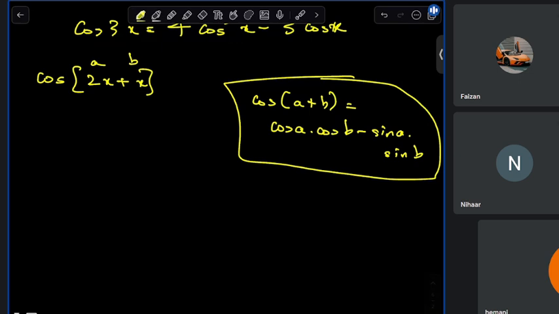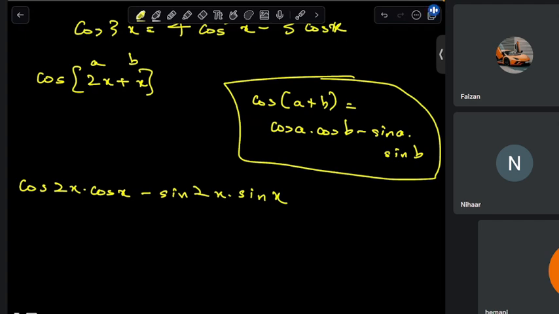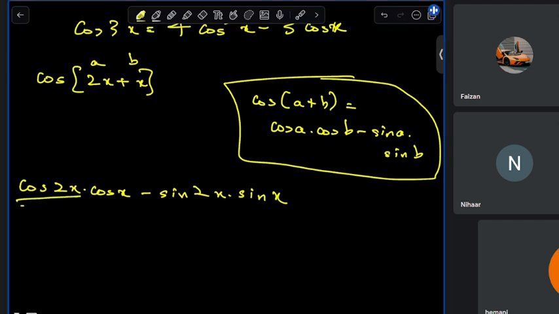Now, according to your answer, what is a? 2x, correct? So you write cos 2x as it is, dot cos b, which is x, minus sin 2x dot sin x. Got this? Just substituting. Now cos 2x is there, and you want the answer to be cos dominant, correct? So in those cos 2x formulas, which one is cos dominant? 2 cos square x minus 1, correct?